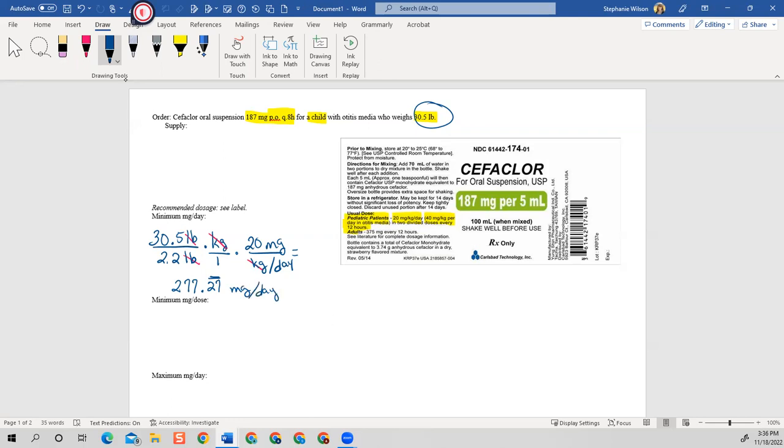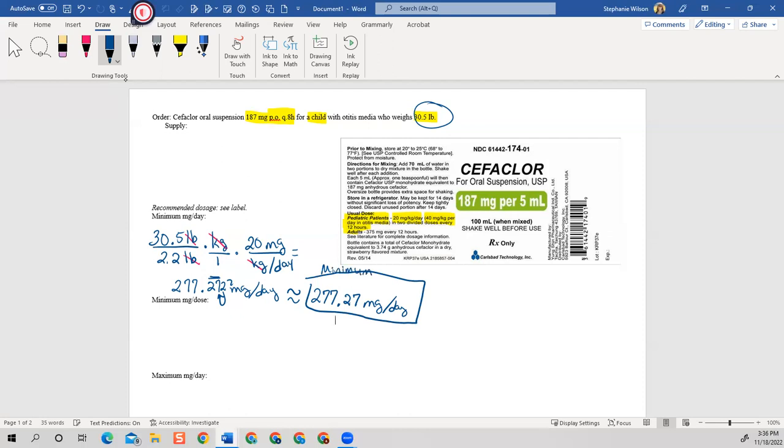In this class, we're going to round to the nearest hundredth. I knew it was going to stay 27 because since 27 repeats, it's going to be 27, 27, 27. The digit after is 2, which is less than 5, so it doesn't change the 7. So here is my minimum per day.